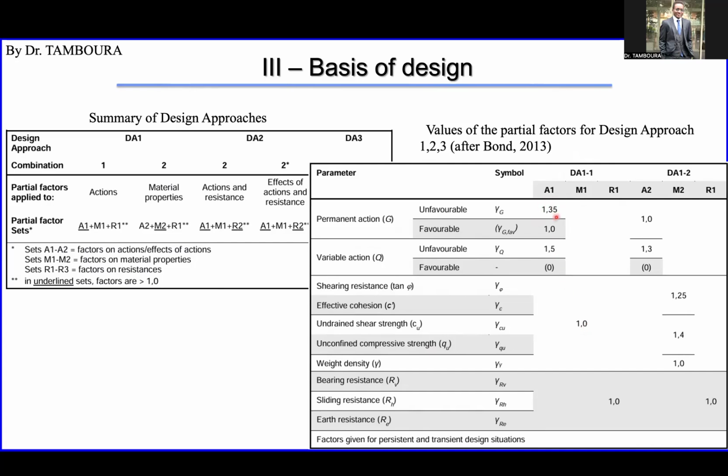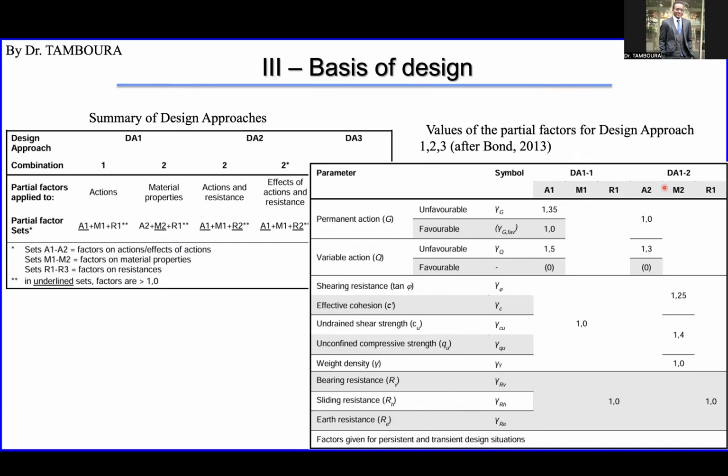But for the resistance, we divide by this value. And for bearing capacity resistance, like bearing resistance for shallow foundation, for example, and sliding resistance, you apply 1. You see R here, R1.